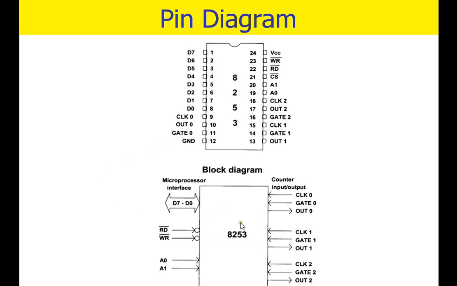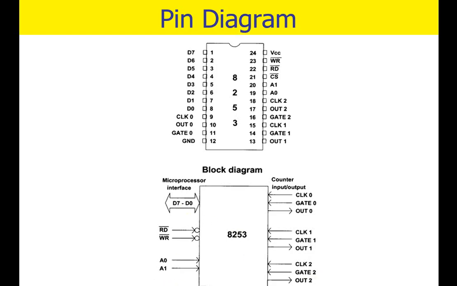Then here we can see the block diagram of 8253. Here are the counters and output ports. Here clock is the input, gate is the input, and out is the output, which is counter 0. Clock is input, gate is input, and out is the output, which is counter 1, and this is the same for counter 2.